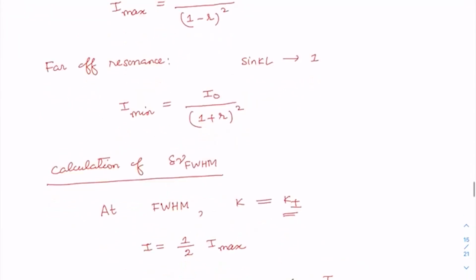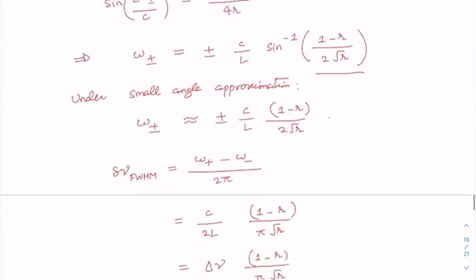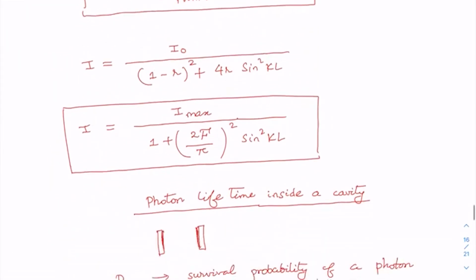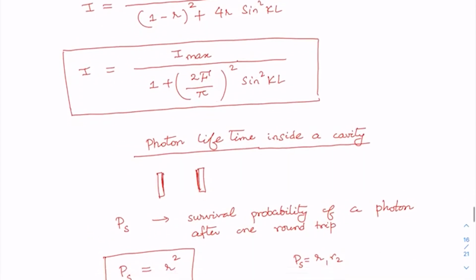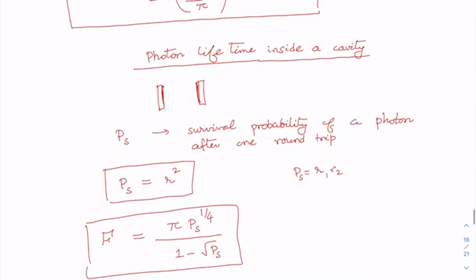We calculated it. Finally, in the last class, we discussed the photon lifetime inside the cavity, because a photon would not stay inside the cavity for eternity. After some time it will leak away, and there is a certain lifetime of the photon inside the cavity.